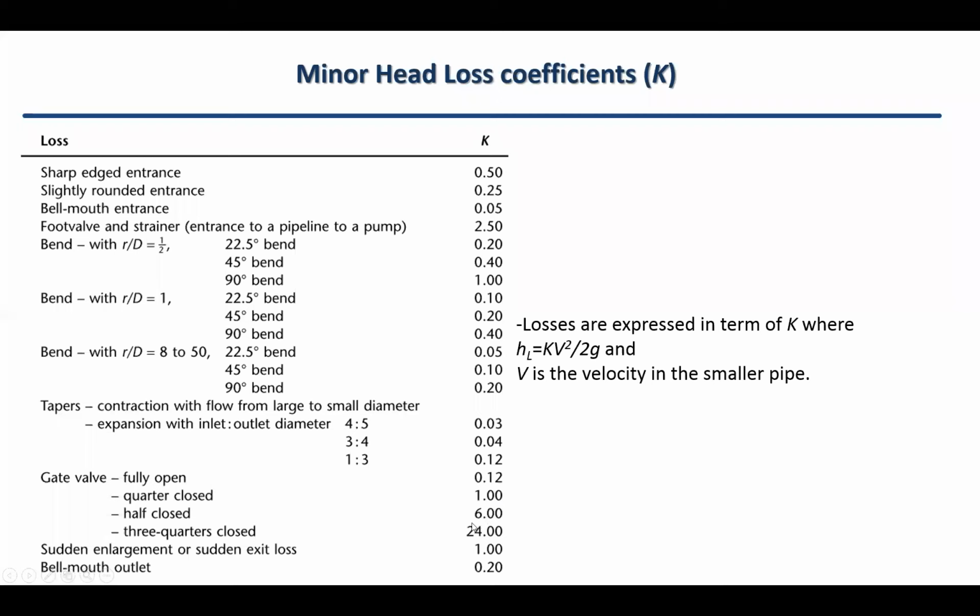Half closed is about 6, and for 3/4 closed, the minor head loss becomes 24 times the velocity head of the velocity in the pipe. So you can see how big that is once you change the valve and try to close it. So this is the minor head loss.